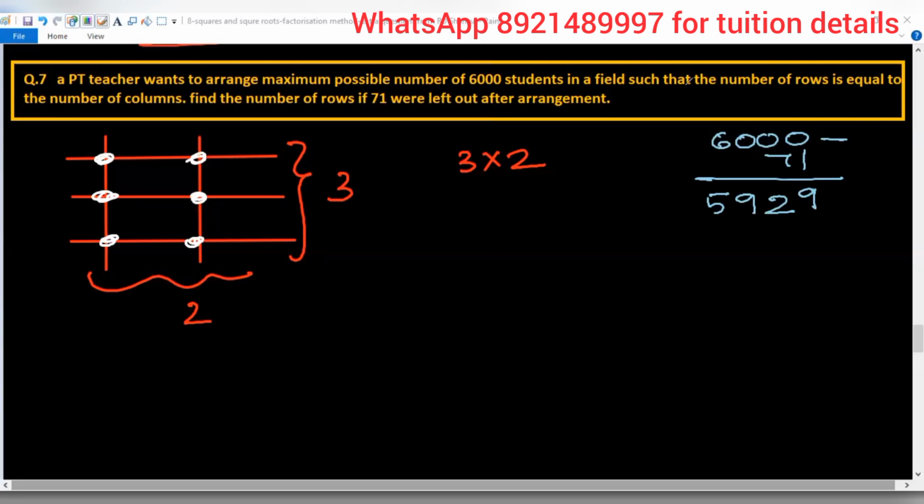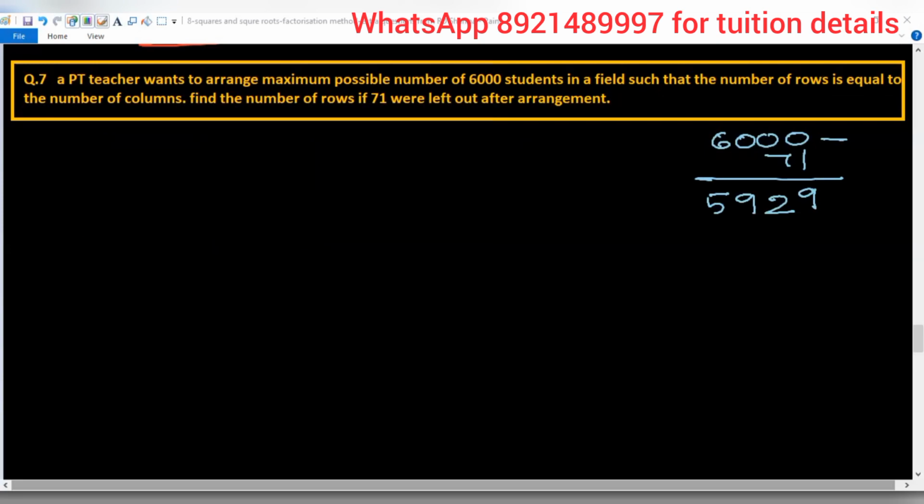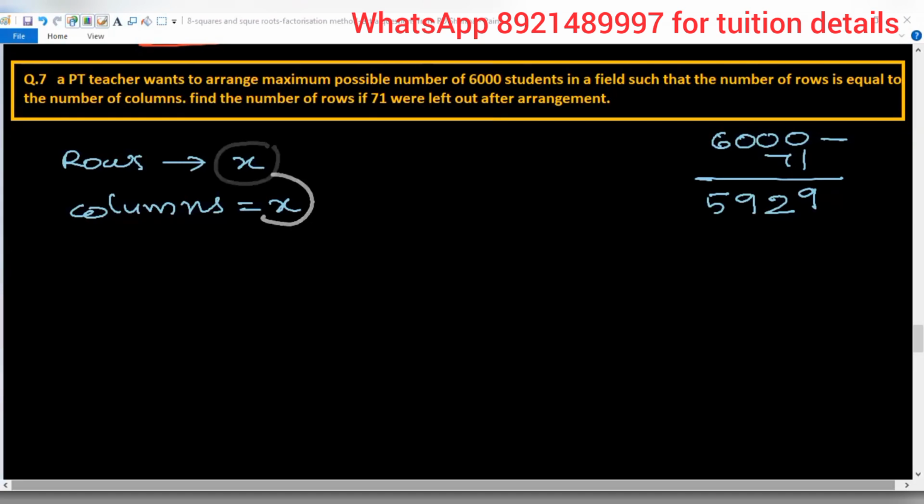So if the rows count is x, then the number of columns will also be x. That is what is given in the question. The number of rows is equal to the number of columns. And the total number of students on the field is x into x. That is given as 5929.